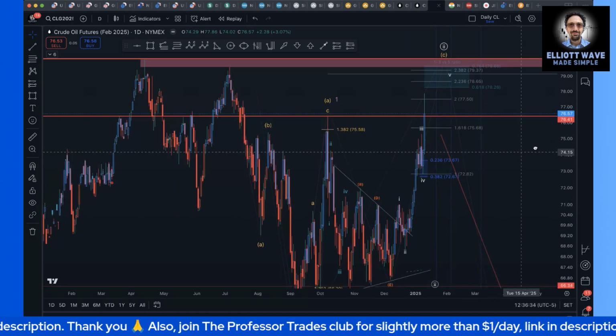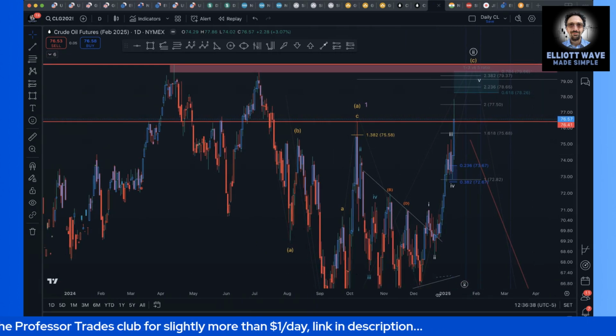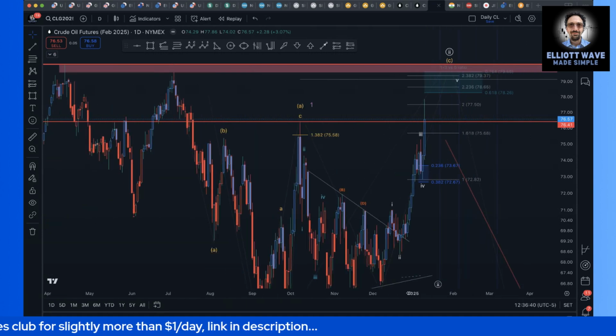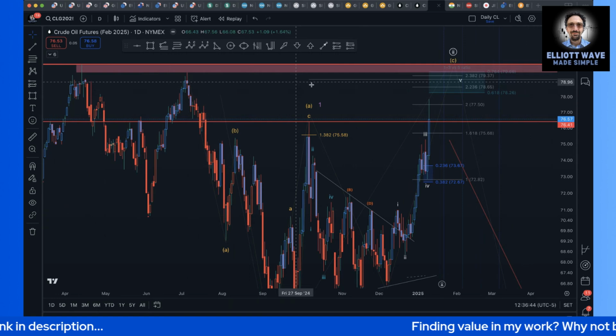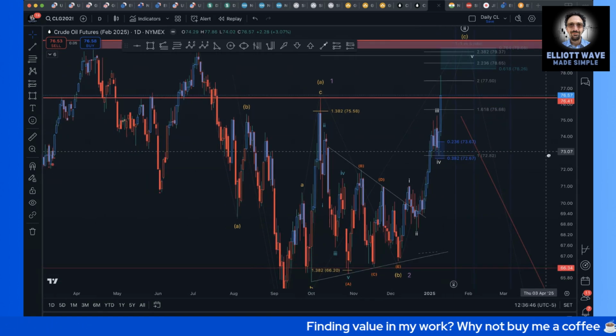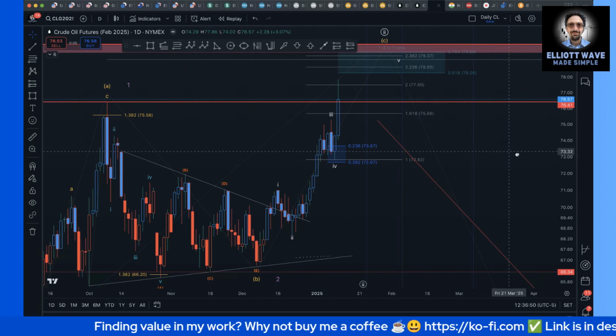So just on common sense, if you're into supply demand and structure of price, we know because we see it over and over again, price is either going to break out or this level would also act as resistance.